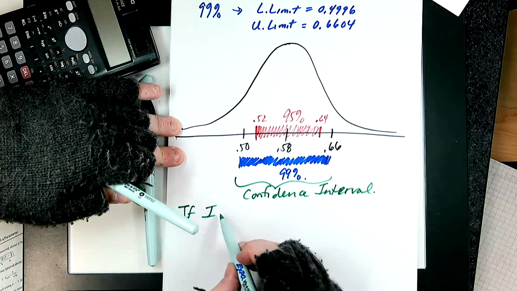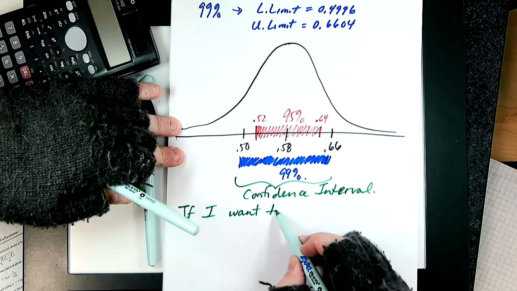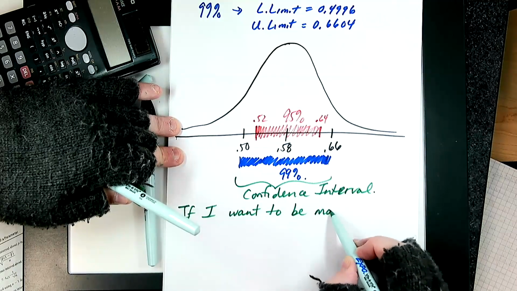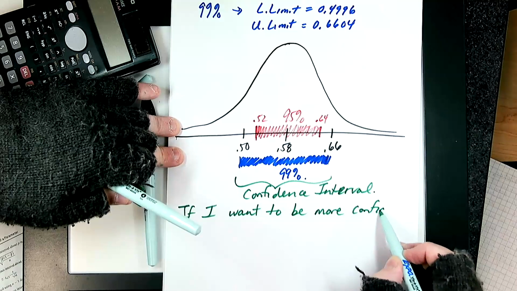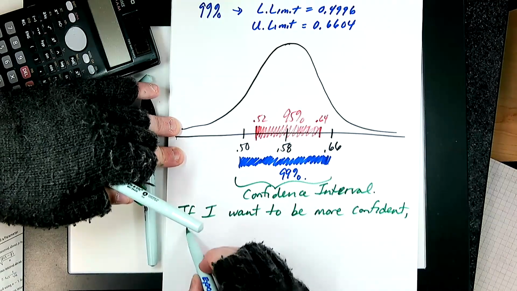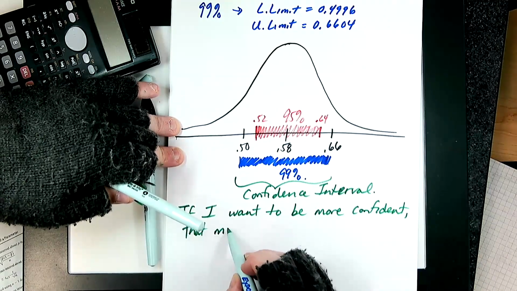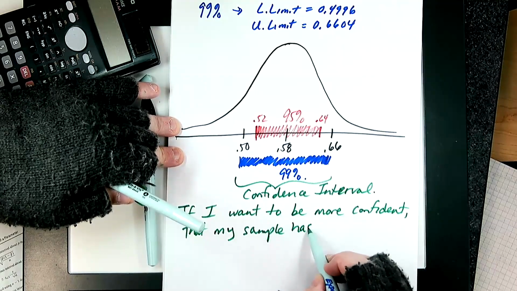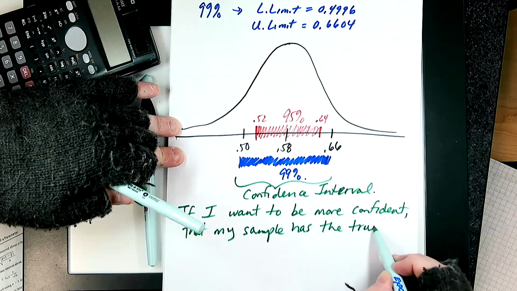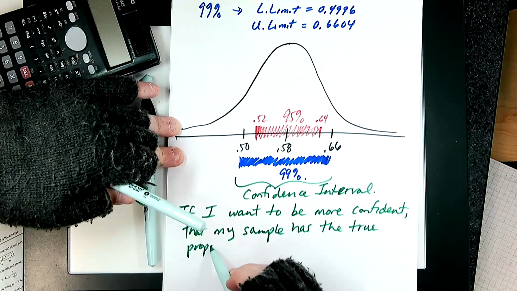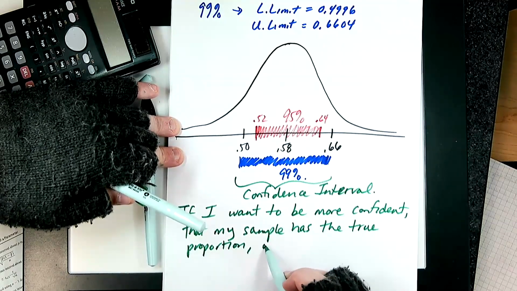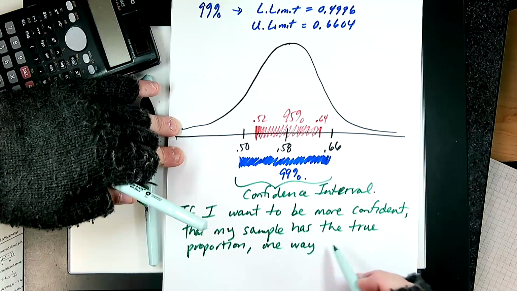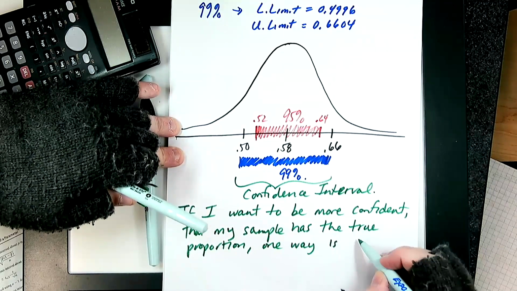If I want to be more confident that my sample has the true proportion, one way is to widen the interval.